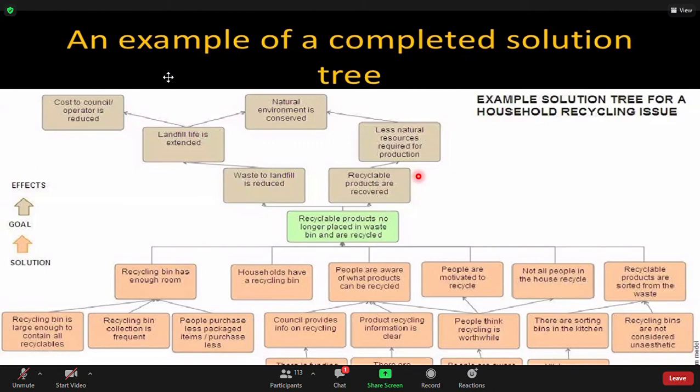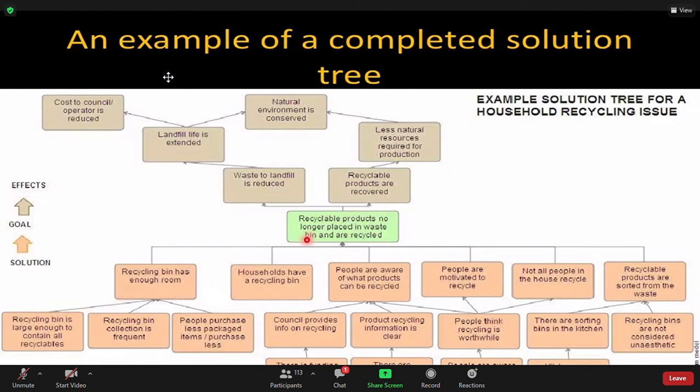So the core problem is now in a positive way: the recyclable products are no longer placed in waste bins and are recycled.